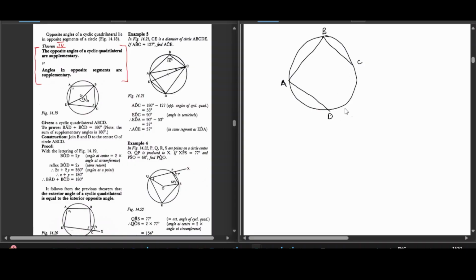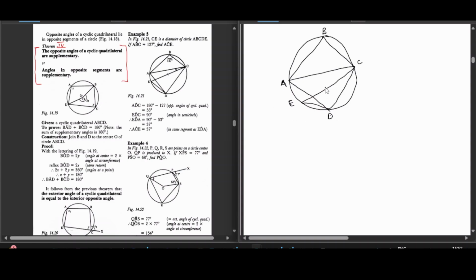Yes, this is the shape. Then join A and C. Point E is here. Then join C and E, then D.